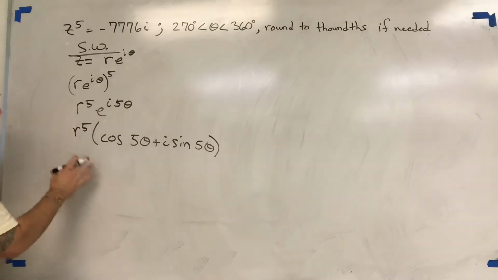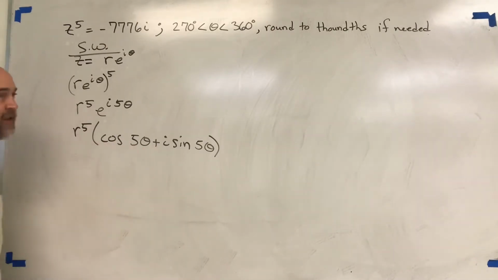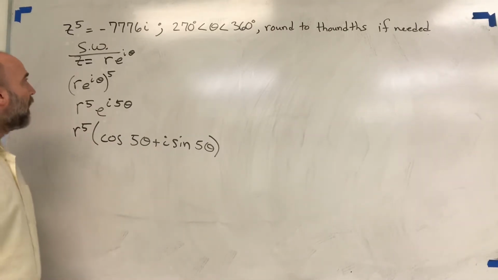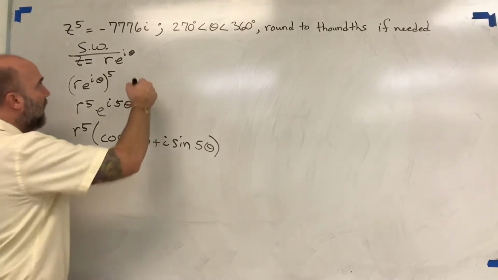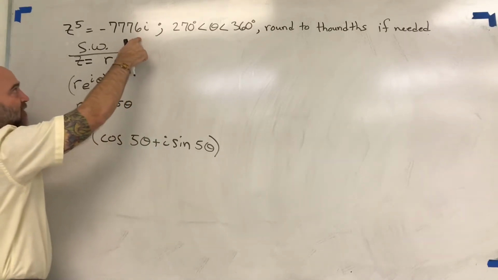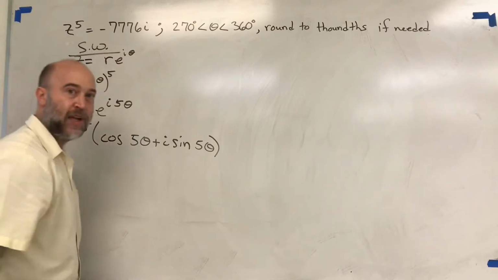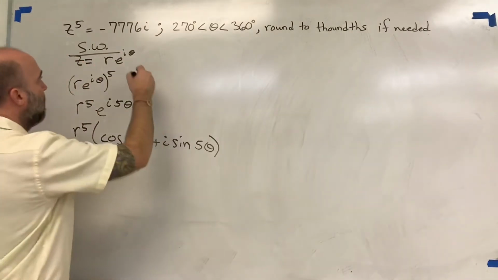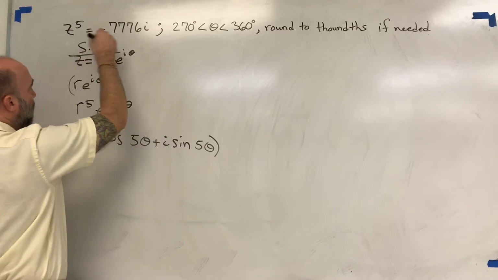Okay, and so far this looks pretty good. Then I will do the same thing, try to change this number into its polar form. I'll call that side work 1.